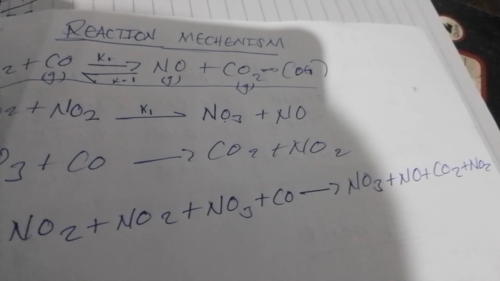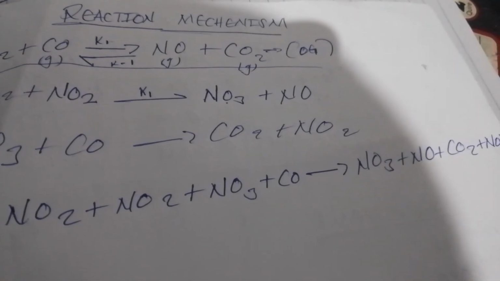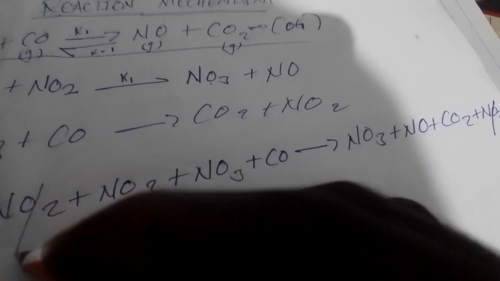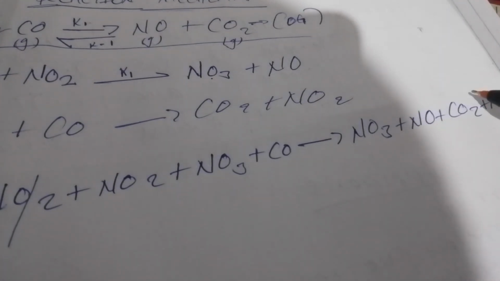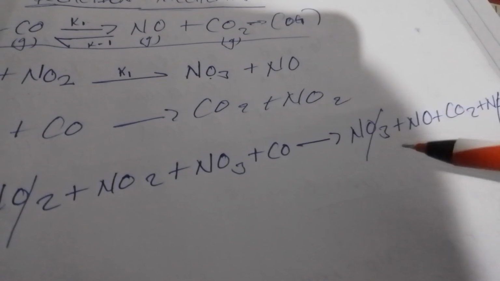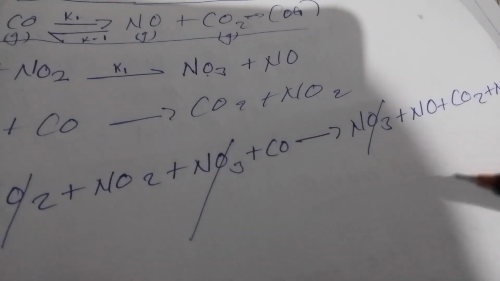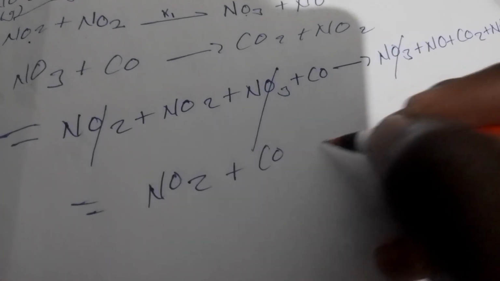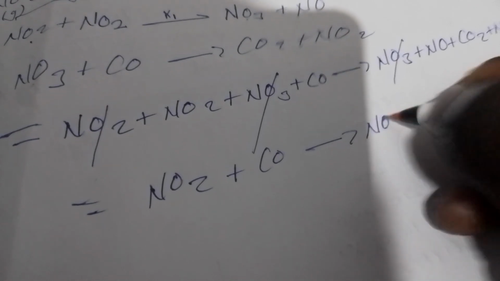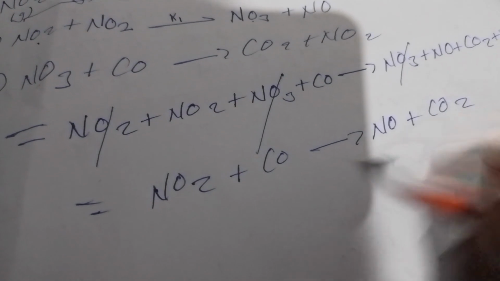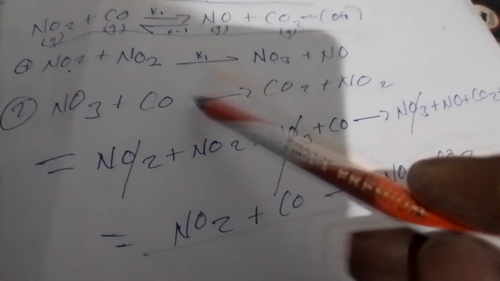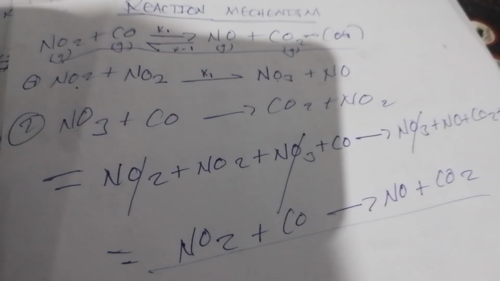If you see, nitrogen dioxide goes with nitrogen dioxide, and nitrogen trioxide goes with nitrogen trioxide. What remains is nitrogen dioxide plus carbon monoxide producing nitrogen monoxide plus carbon dioxide. This clearly shows we have the exact equation on top there.